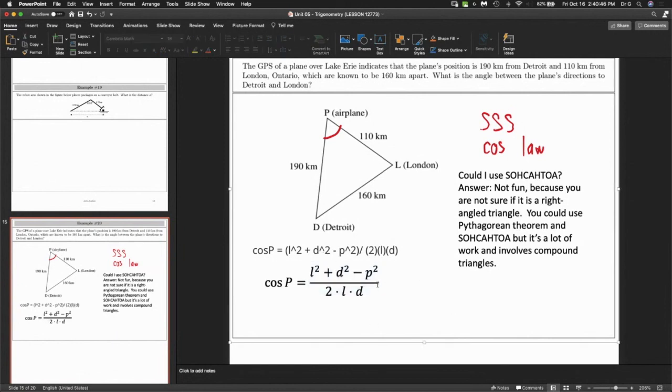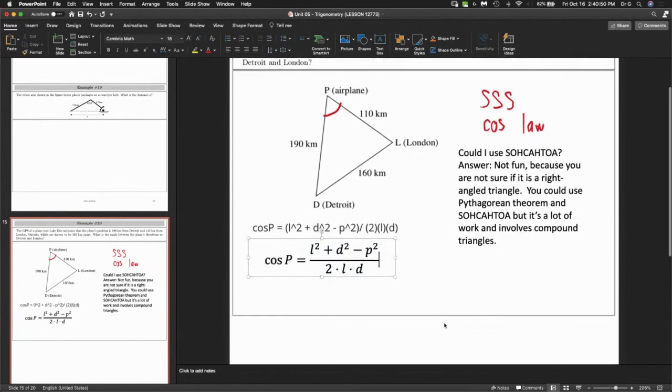And then you can plug all the numbers in. Oh, you're very welcome.